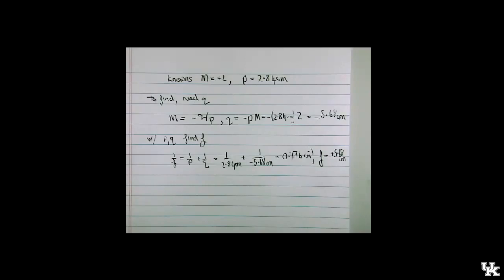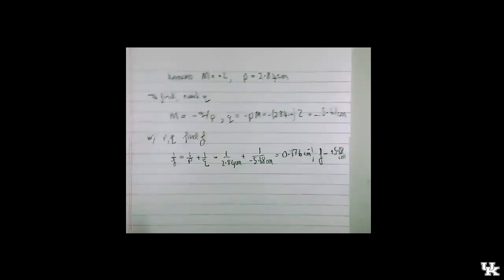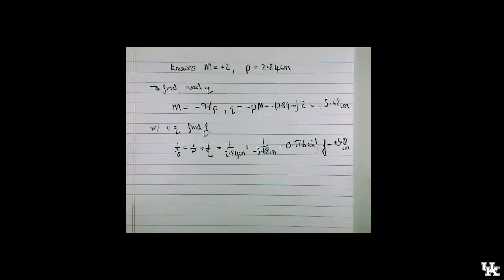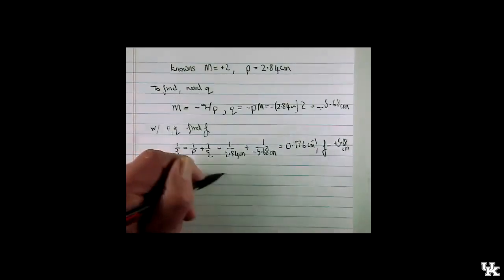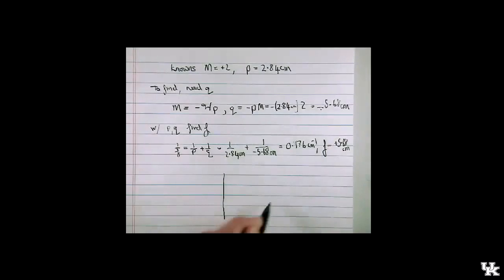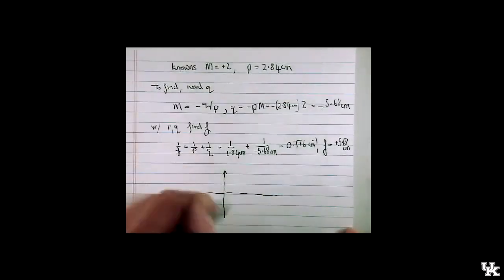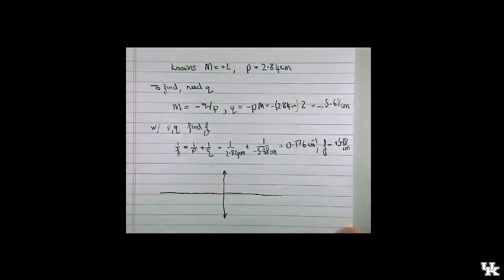Now I'm going to attempt the impossible. I'm going to try and ray trace this image formation. Okay, so what I've drawn here is the vertical line. That's the lens.